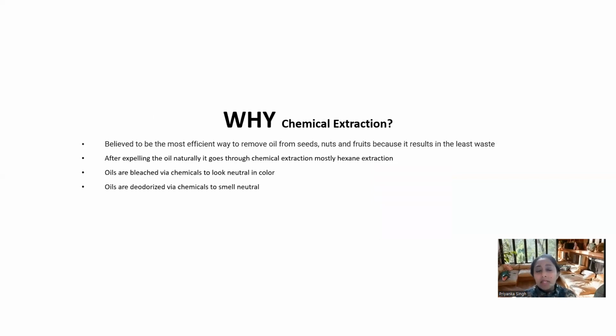But why this chemical extraction? Because firstly, it is believed to be the most efficient way to remove the oil from nuts, seeds, fruits by producing the least waste. And once the oil is extracted naturally, it is passed through the chemical extraction process, which we discussed before, which is the hexane extraction. And then the oils are bleached to purify them.